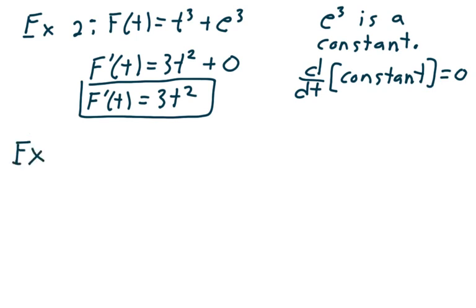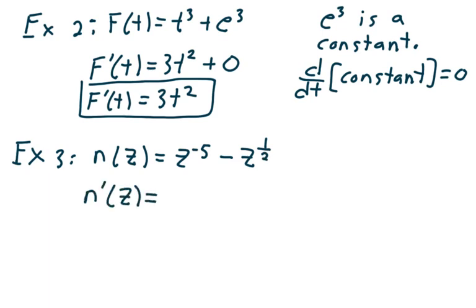Example 3. Suppose I had n of z, it's just the name of a function, and this is equal to z to the negative 5 minus z to the 1/2. So n prime of z is negative 5z to the negative 6, right? Because negative 5 minus 1 is negative 6.